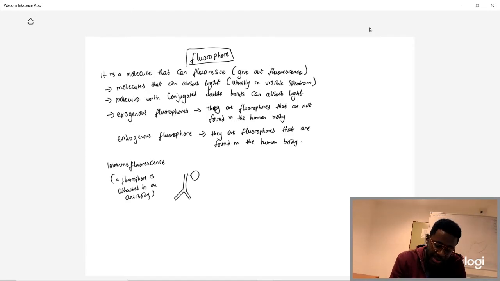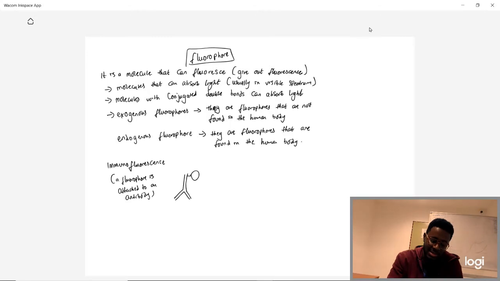Ion sensitive dyes are dyes that can change their distribution or their structure, or go from acid to base, based on the kind of ions that are present. They are like indicators, indicators that are fluorescent. You understand, right?